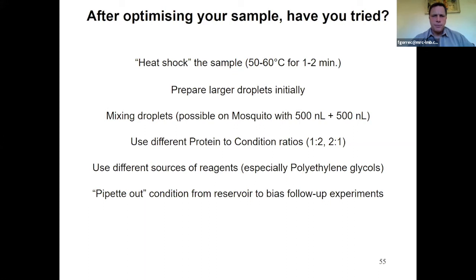That's a cool trick. Of course, there's a scale up, so you can also try to prepare the drop initially, so that will change the parameters of equilibration during vapor diffusion. You could try it if you have enough sample, of course, to do that initially.